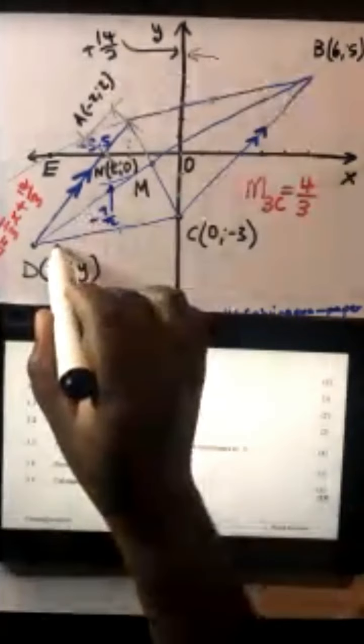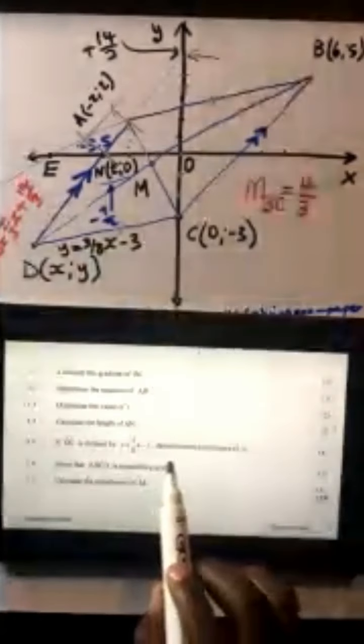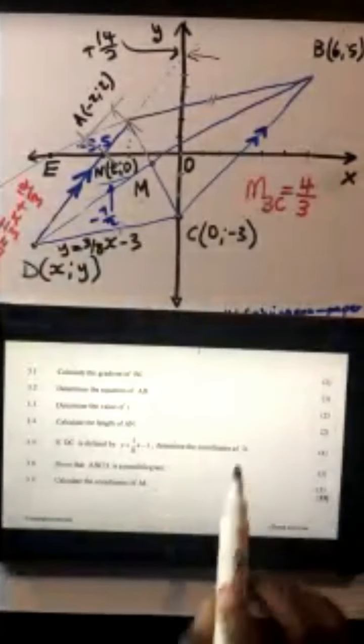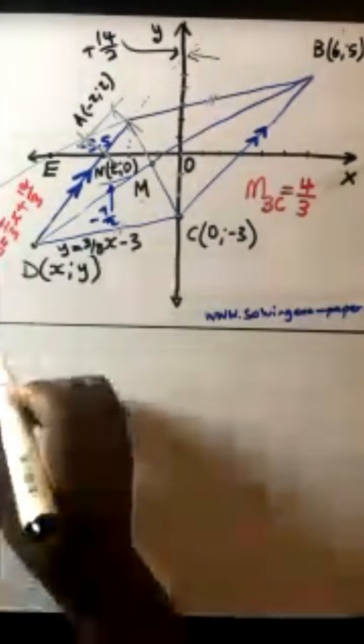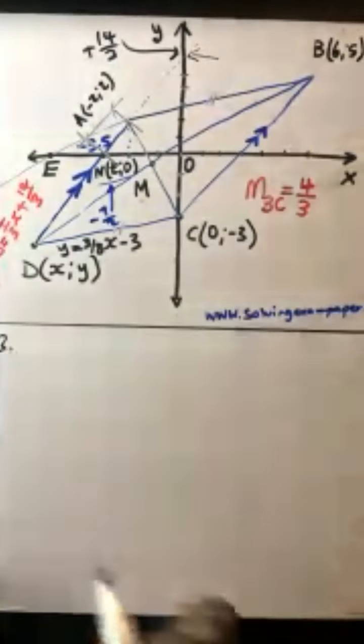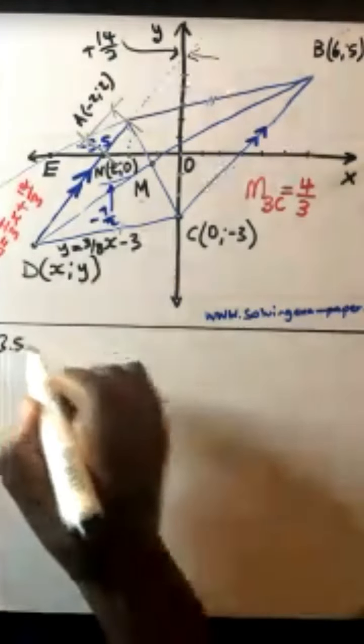So they're saying if DC is defined by y equals 3/8x minus 3, determine the coordinates of D. And this question is allocated 4 marks. Massively important, ladies and gentlemen, that you are able to fully understand what the question wants you to calculate. This is question 3.5.